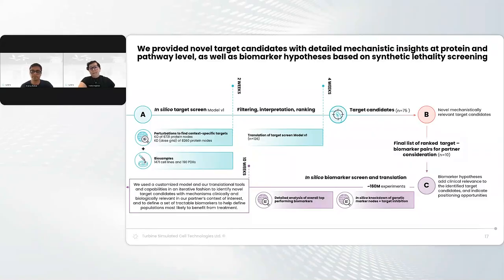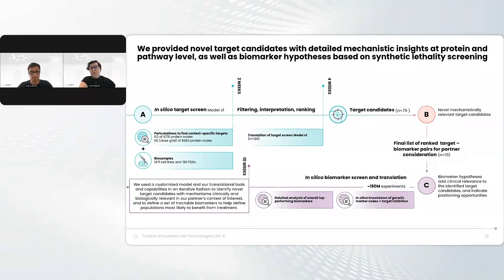And the in silico biomarker screen again allows you to make CRISPR drug modifier in silico experiments at scale, so across a very wide range of available and simulatable cancer model systems.